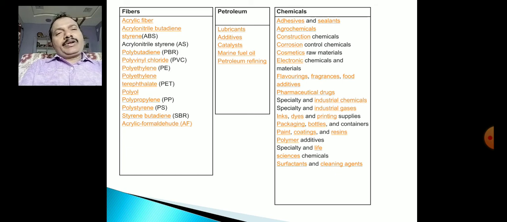And petroleum products are the lubricants, additives, catalysts, marine fuel, oil, and petroleum refining.